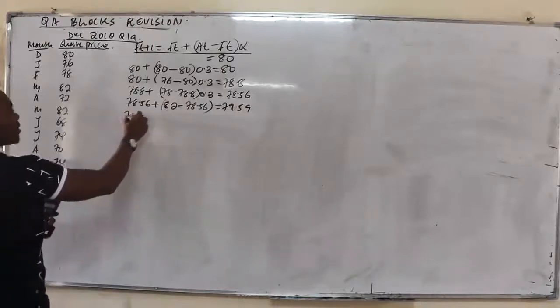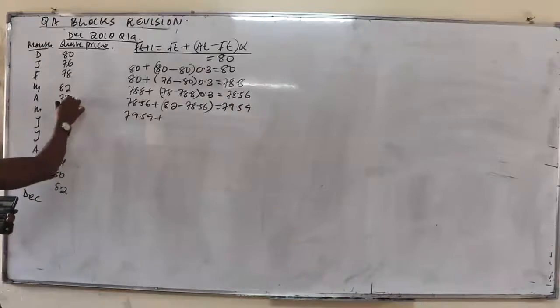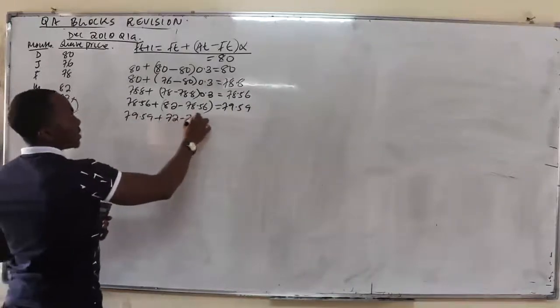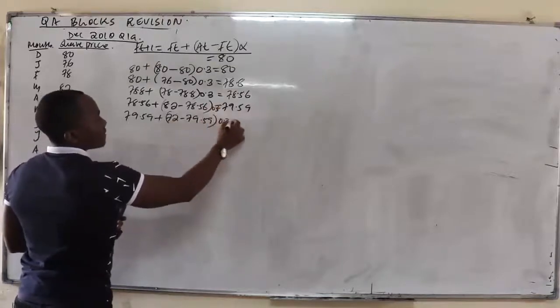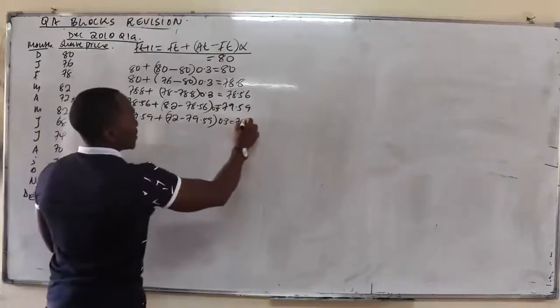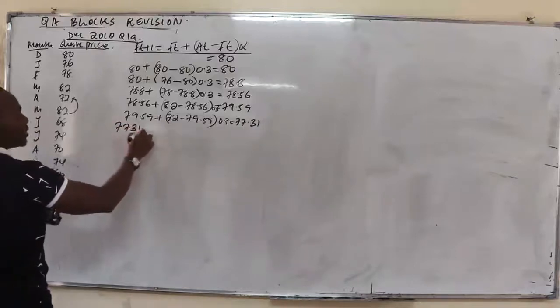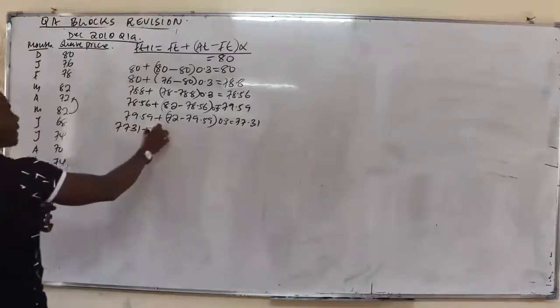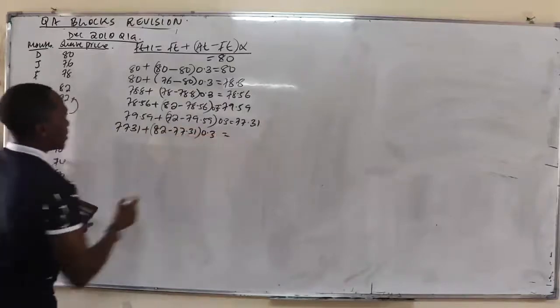So take 79.59 plus the actual for the previous period, in this case 72, minus 79.59, 0.3. We'll have 77.31. 77.31 plus 82 minus 77.31, 0.3.